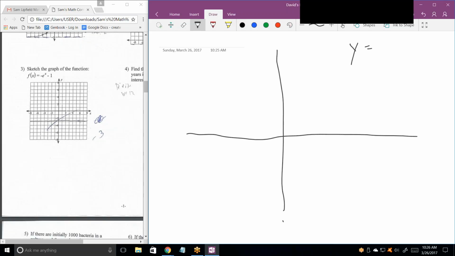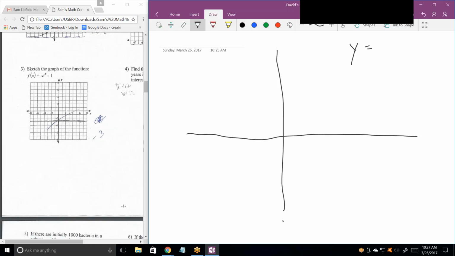Number 3. I forget. Is it like e to the x? In other words, your parent function's got to have an x on it. That's the independent variable. So e is not a variable.